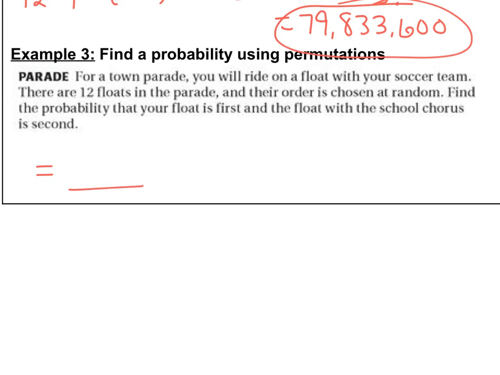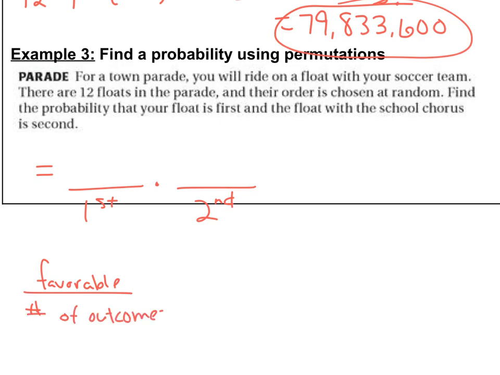We're really only caring about who's first and who is second. Again, we're talking about a theoretical probability. So what is our favorable outcome over the total number of outcomes?